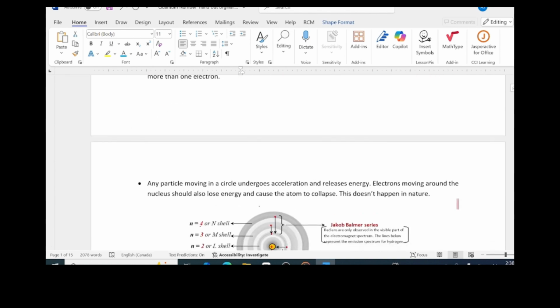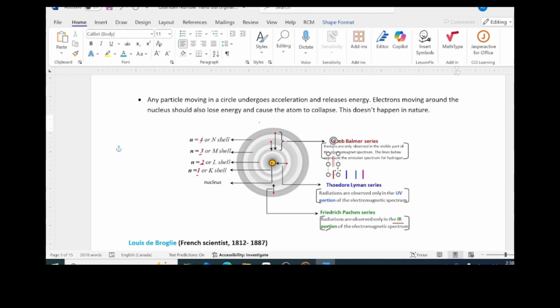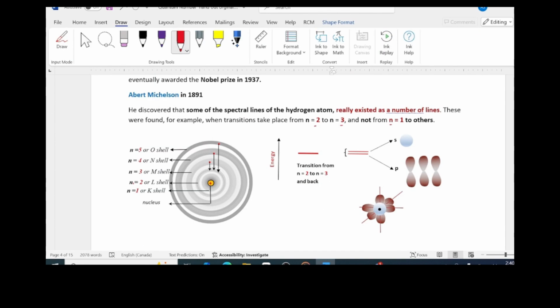So if we look at this line here, where there was a transition happening between n equals 2 to n equals 3 and back, that line was really observed with two different lines. And this is indicating to us that within a shell, there can be electrons that are having more energy than others within the same shell.